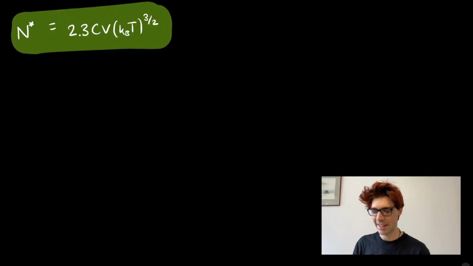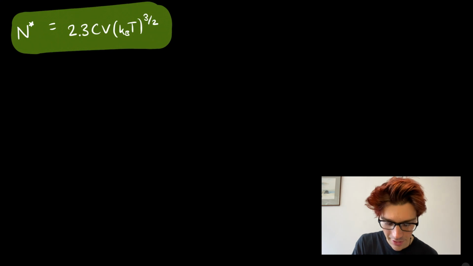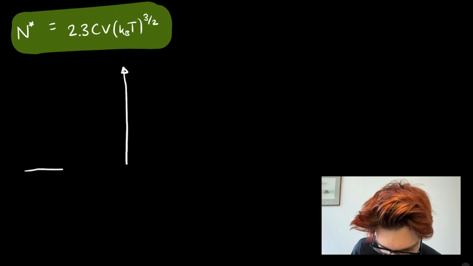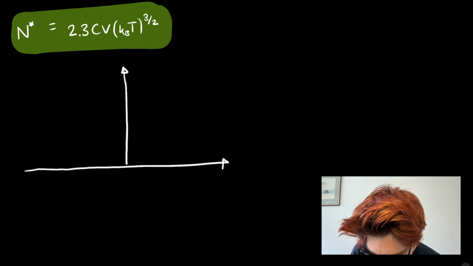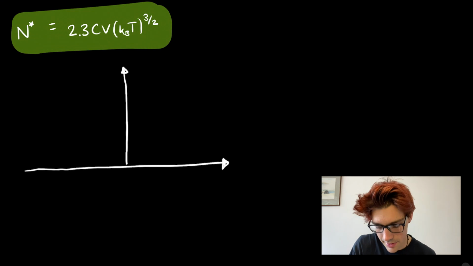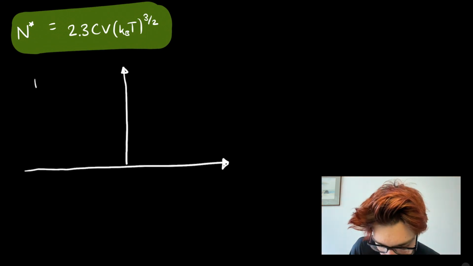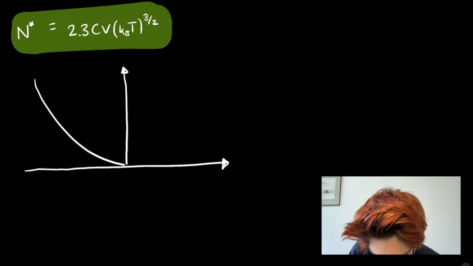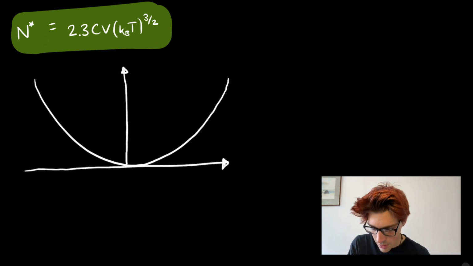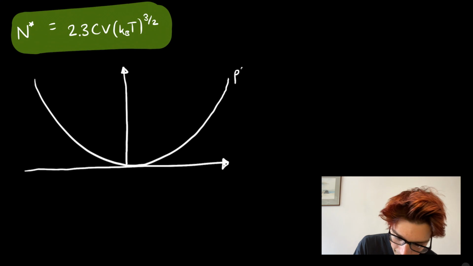The way we get around this paradox is to go back to our original graph, looking at the dispersion relation for the types of particles that we are considering. If we plot that, we get our parabola, just like we had before, our p squared over 2m parabola.